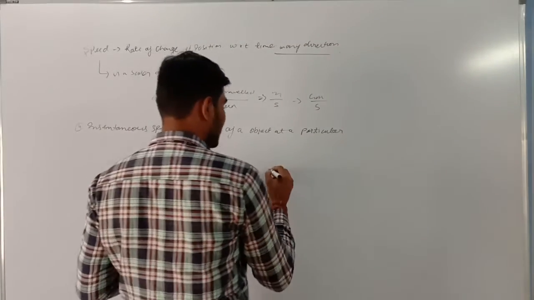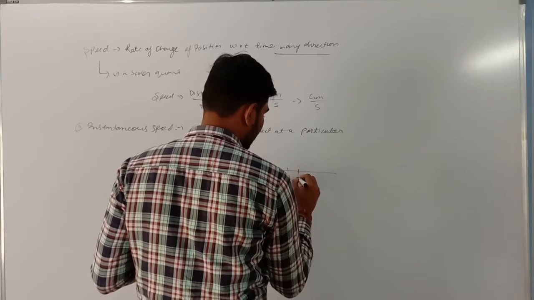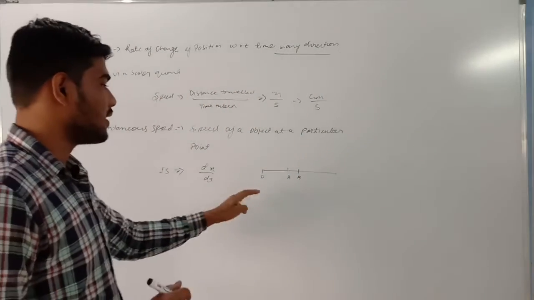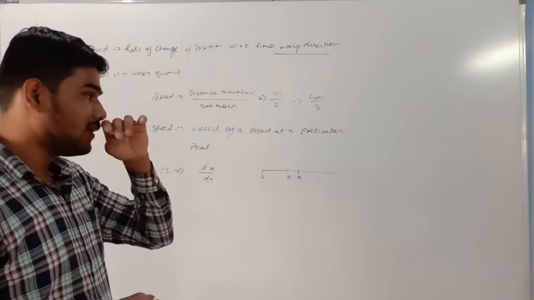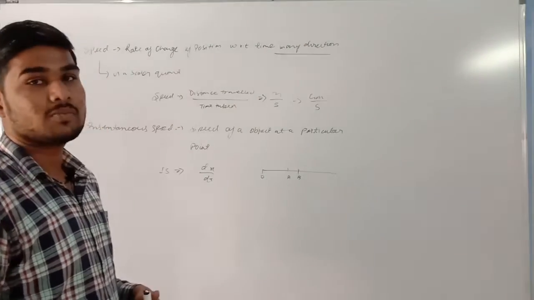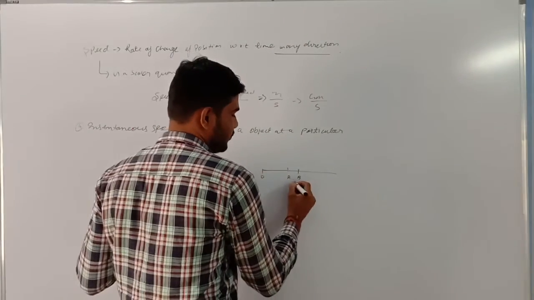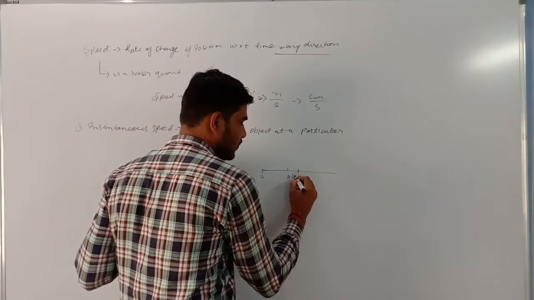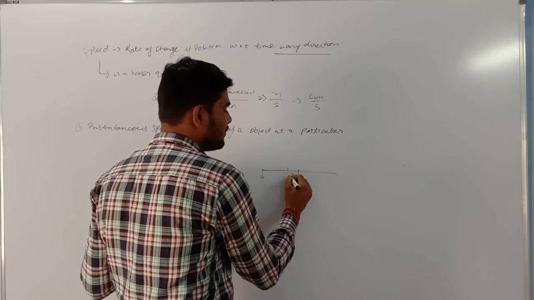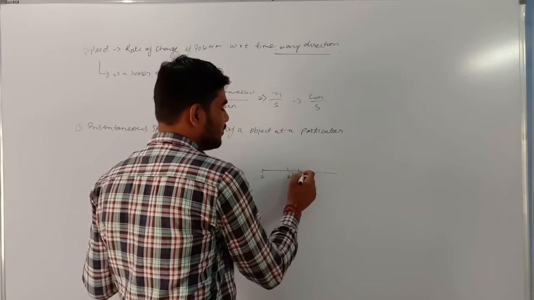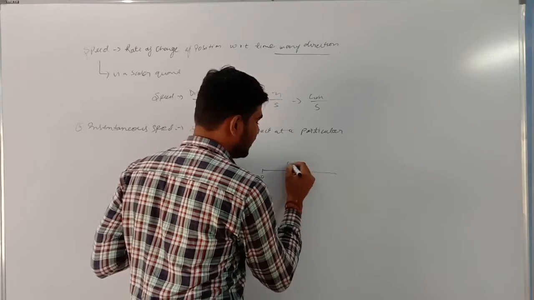Let's understand. For example, a car is moving from point O. It starts from point O and travels, and let's suppose we want to calculate the instantaneous speed at point B. So what will we consider? We will consider a very small interval of time, that is delta t, from point A to point B. For that time interval we want the small distance traveled, that is delta x.